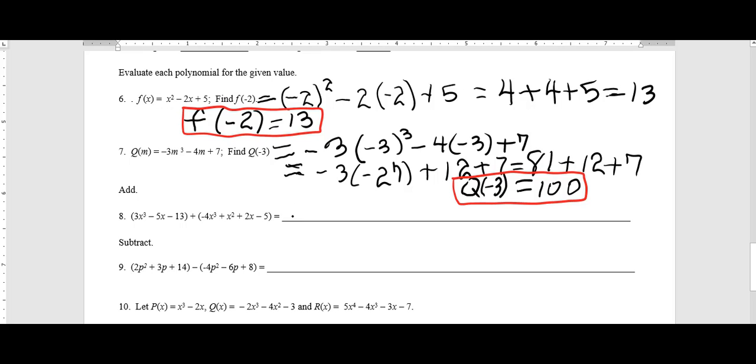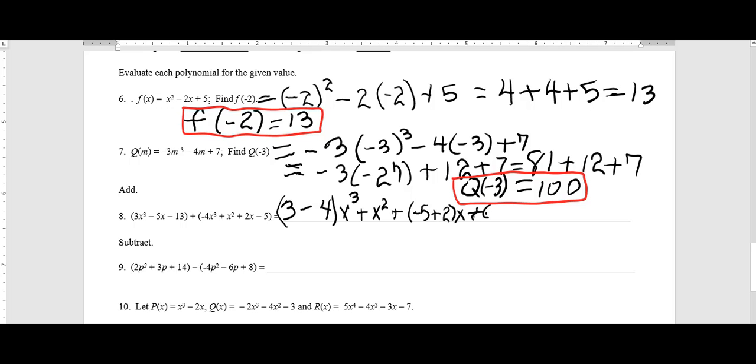I can add polynomials. And when I add polynomials, I add like terms. 3 minus 4 will be multiplied by x cubed. Those are the coefficients of my x cubed terms. I have a single x squared term, plus x squared.